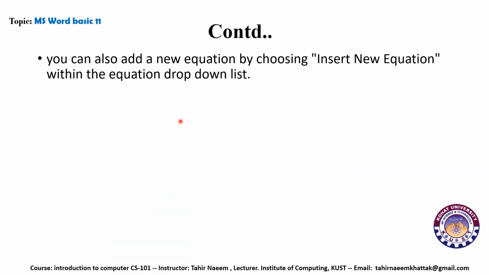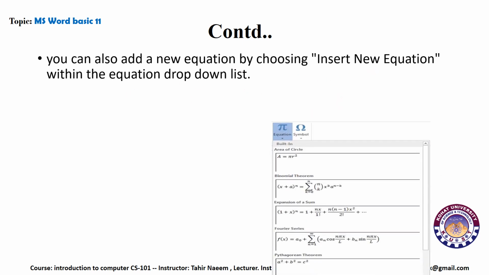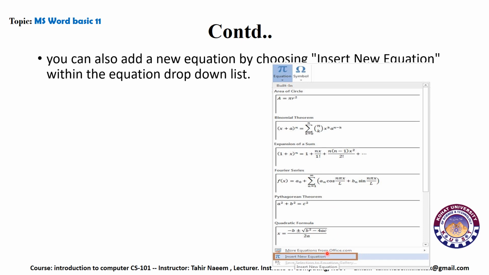We can also add a new equation by choosing Insert New Equation within the Equation drop-down list. As you can see, if you want to insert a new equation that is not available in the built-in equations, then we will click on it.